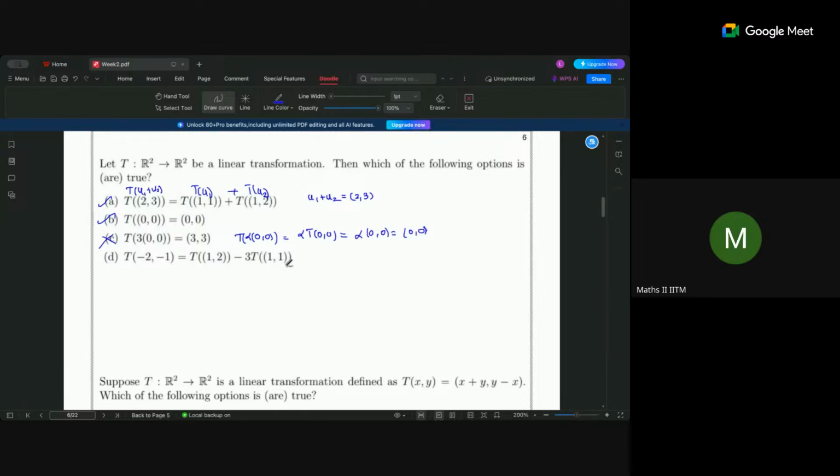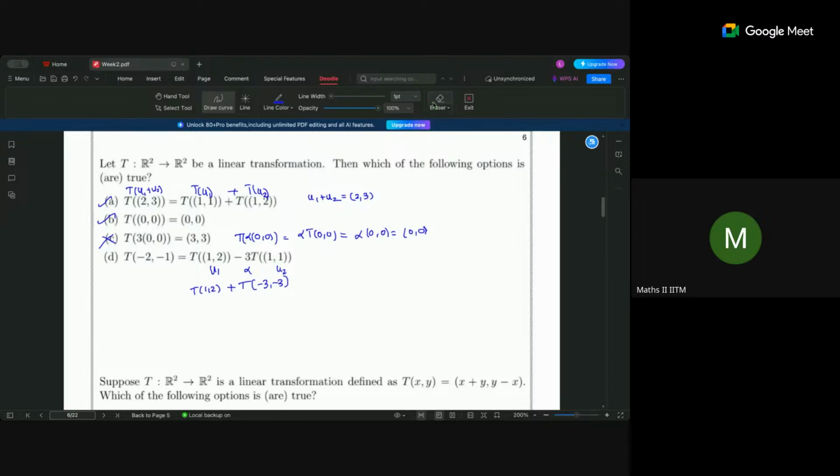What about the last option? You have u1, u2 here. You have minus 3 times, so you have to be careful here, you also have a scalar. So let us multiply minus 3 inside. You will get T of minus 3 comma minus 3.